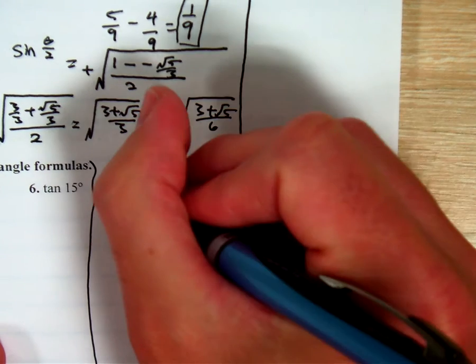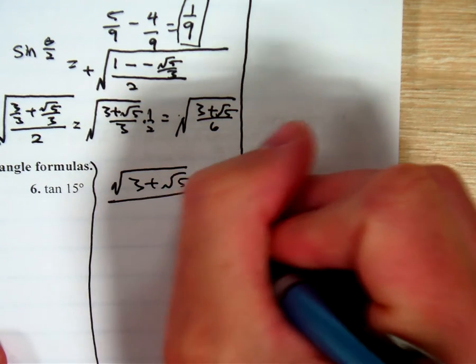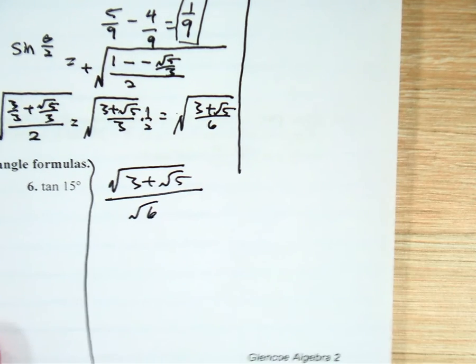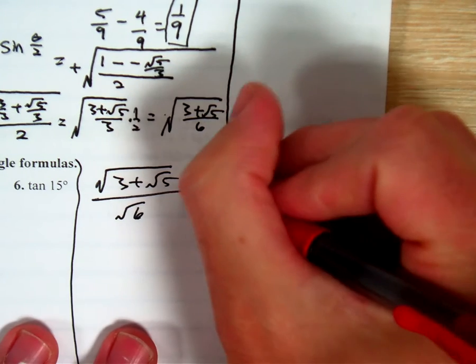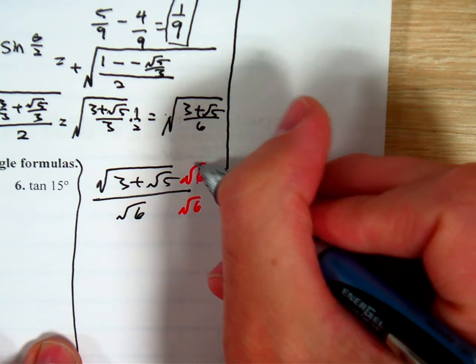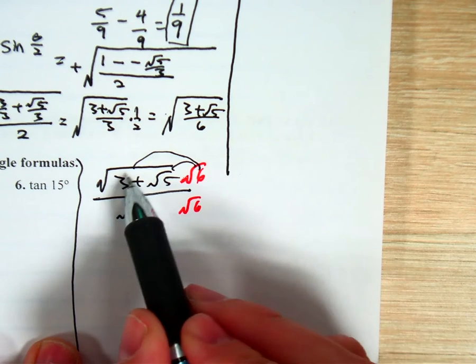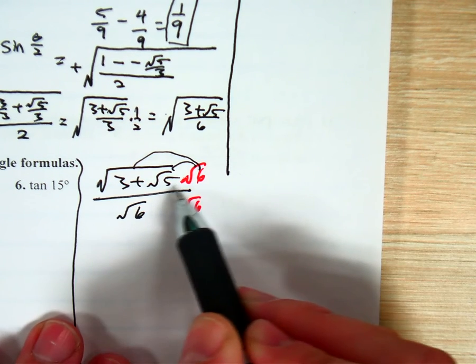Okay, so we have the square root of the top over the square root of the bottom. Okay, we can't finish with the square root of 6 as our denominator. So we're going to take this in. Remember, this is the tricky part, because this is a square root and this is a square root. So I can take this 6 into this, but I can't take it into the second one.